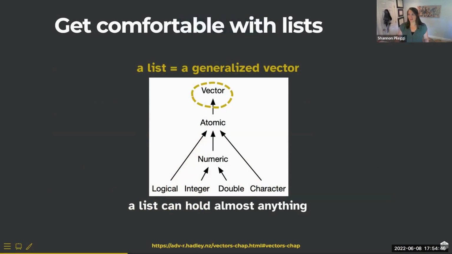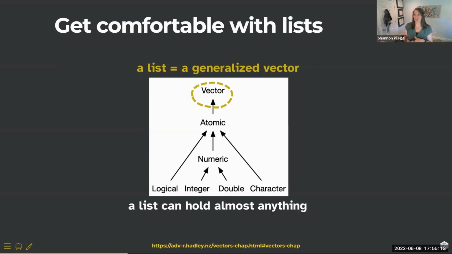And the format of this data is actually a list. We are going to need to get comfortable with lists. I think if you're coming into data science, data analytics, you're used to working with data frames probably, and probably not as much used to working with lists. But a list is a really handy vehicle for different types of data because it can hold almost anything.